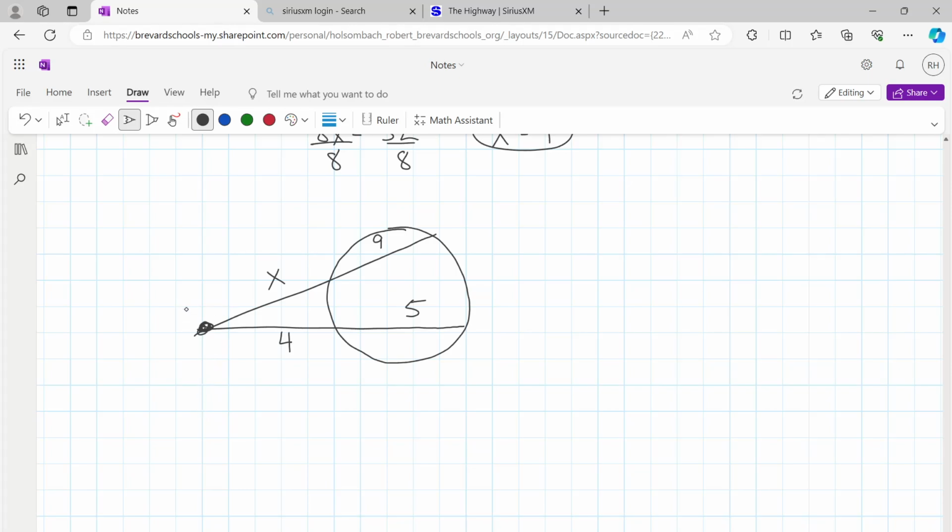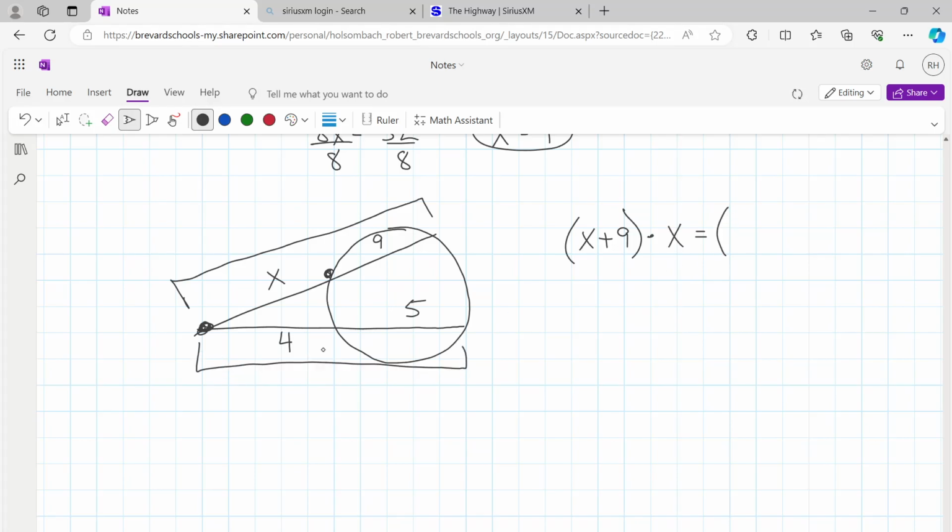So again, it's this entire piece, the entire segment, secant, which is x plus 9, times just this outside piece, all right, which is x, equal to the entire secant, which is the 4 plus the 5, times the outside piece, which is 4.